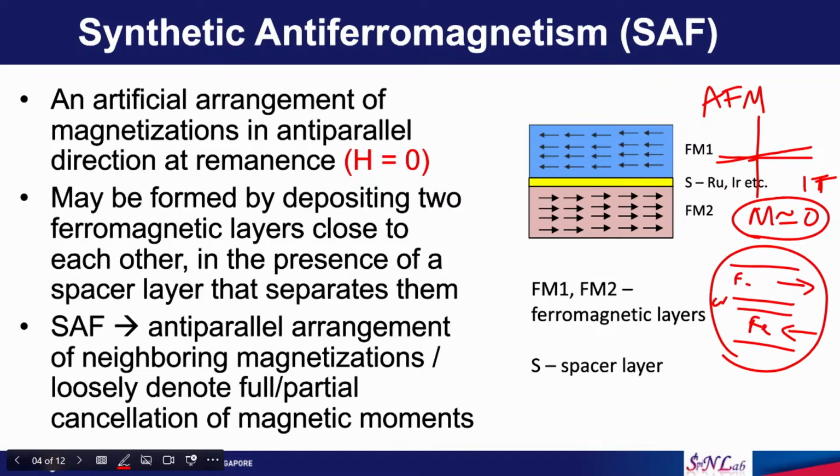Whereas, in the case of a synthetic antiferromagnetic material, let us say at remanence the magnetization can be 0. If the magnetic moment of this layer and the magnetic moment of this layer are the same, magnetization will be 0 at remanence. Okay. But if you apply a high magnetic field, we can make both the layers point in the same direction. If you remember the GMR, we applied a certain field like 2 Tesla, then we forced the two magnetizations to be parallel. So, in this case the magnetization can be very high.